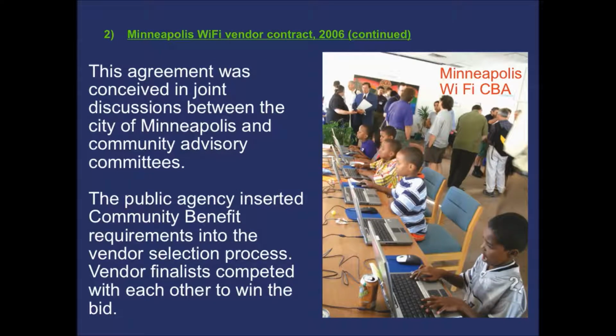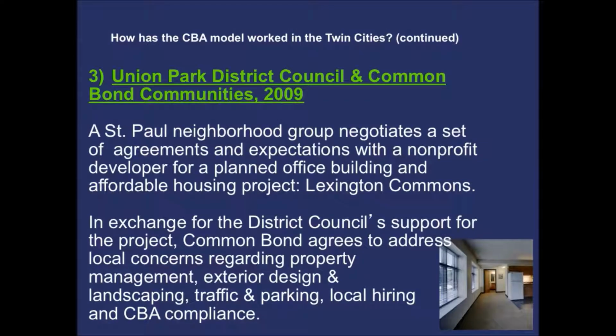The agreement was conceived in joint discussions between Minneapolis and advisory committees, and the benefit requirements were inserted into the contract and vendor selection process. Union Park District Council, you've already seen sample language from that. It was an affordable housing development. There was substantial neighborhood opposition to adding more affordable housing, and in this case, the community benefit agreement created some political will and backing for the project.